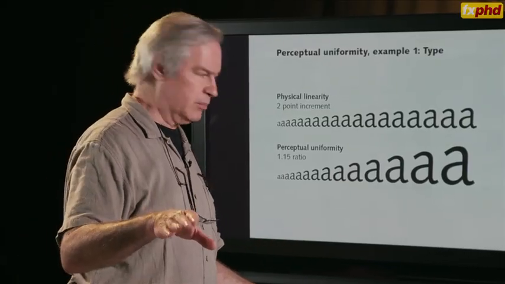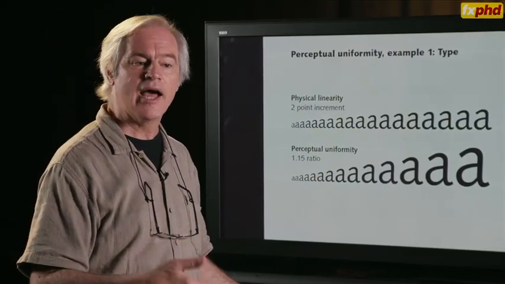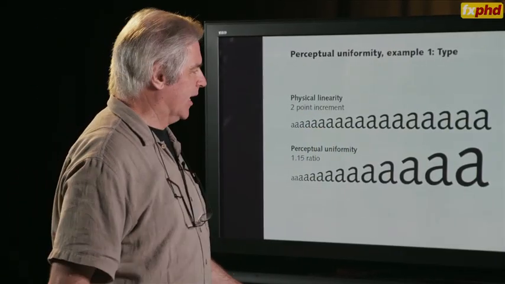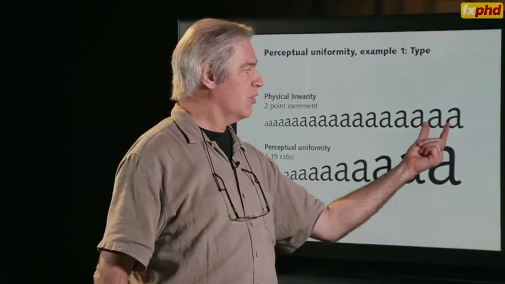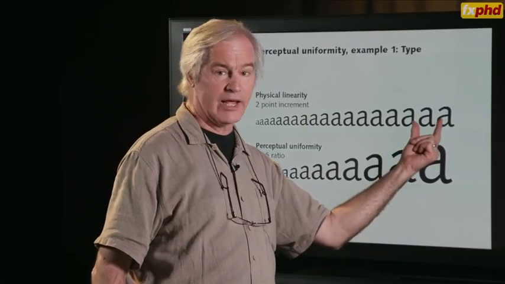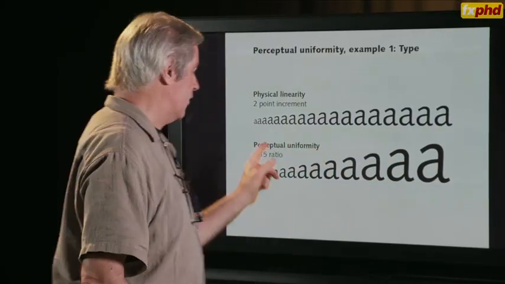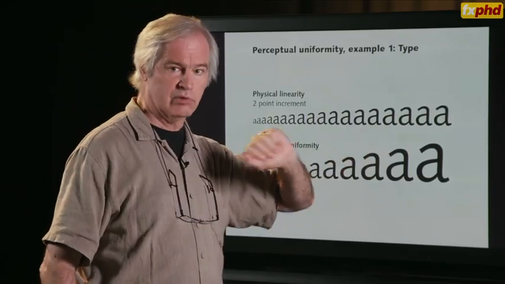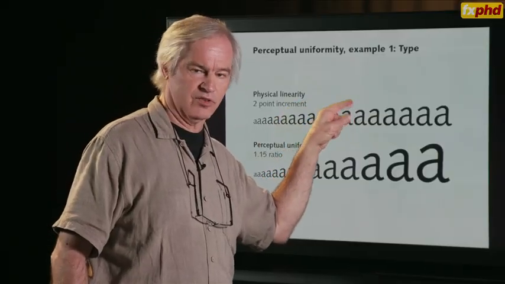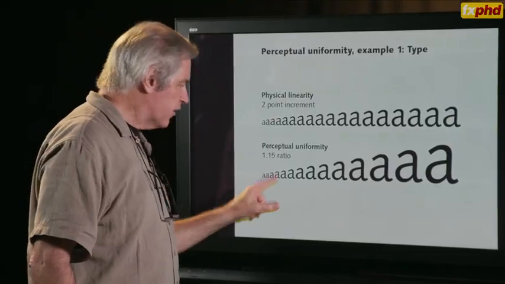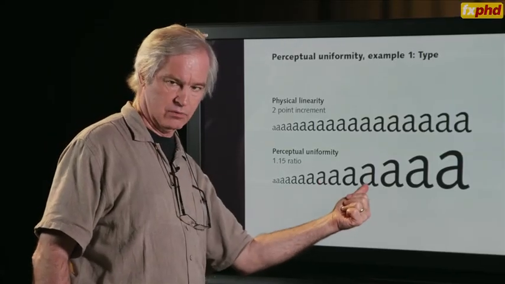Now, the thought experiment is, which of these sequences seems to be progressing at a uniform rate? And I think you'd agree with me that you can't really tell the difference between those two letters, even though one of them is 2 points larger than the other. And this progression does not seem to be uniform. However, this is the physically linear progression in terms of type size. This progression seems to be uniform, but actually it's proceeding by ratios.